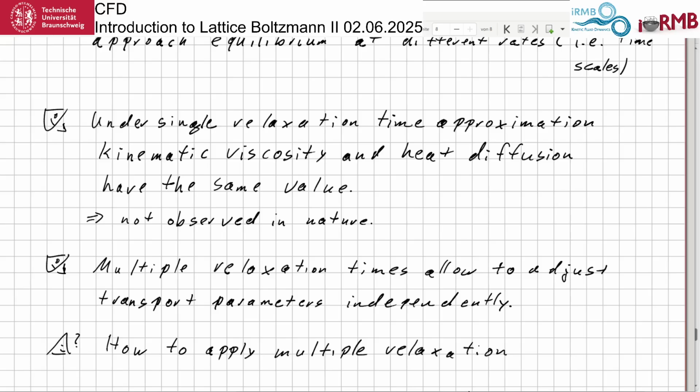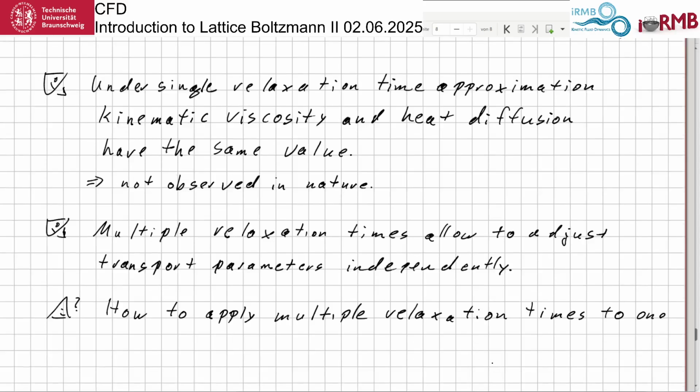So if we have only one relaxation time, we do not need to think about any particular distribution. Okay, so if we have one relaxation time, then it does not matter how we actually measure our distribution.